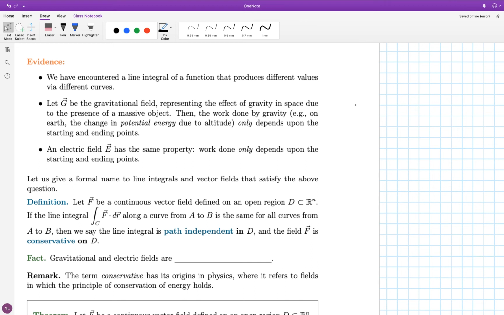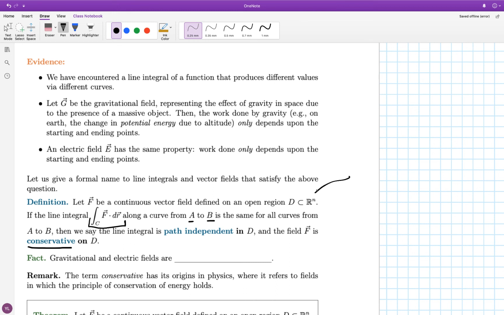So let's give a name to this path independence. If we have a special type of vector field that has this independence in its line integrals, then we're going to call it a conservative vector field. If this line integral is the same regardless of the path you take from A to B, we call that vector field a conservative vector field.